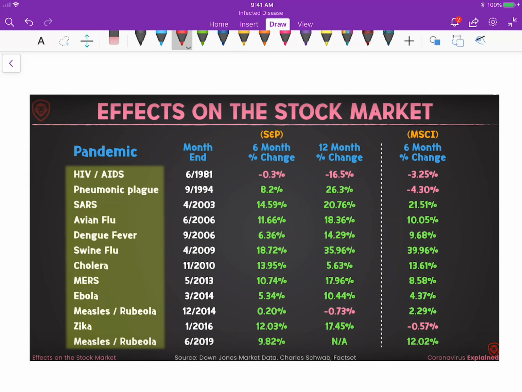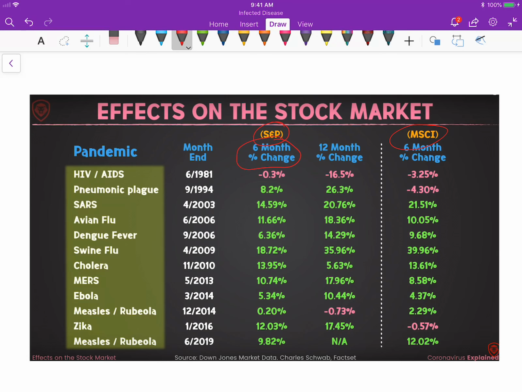All right, I want to leave you with some optimism here, and this is a slide that I took from Valuetainment, Patrick Bet David. Brilliant man, look him up on YouTube, but this is just going to show you that at 6 months, this is the S&P at 6 months after the pandemic break, and this is the MSCI.